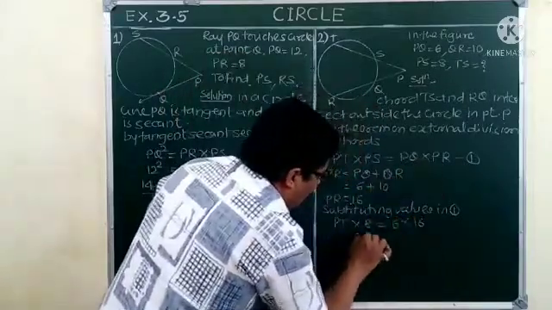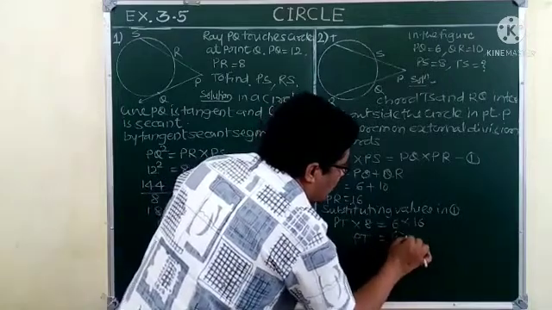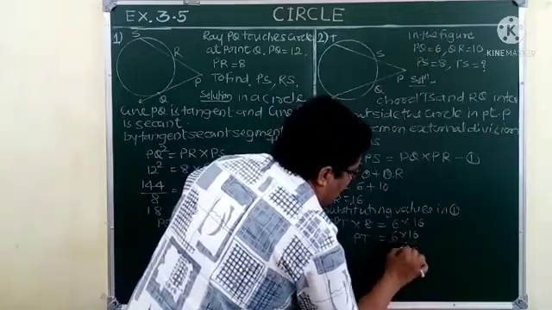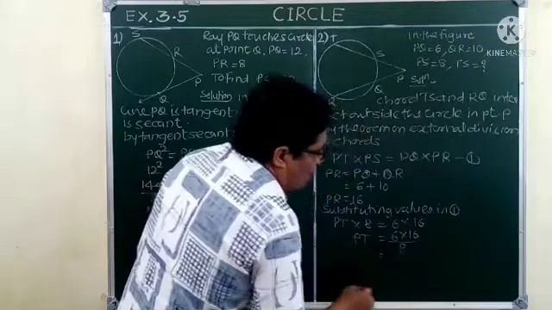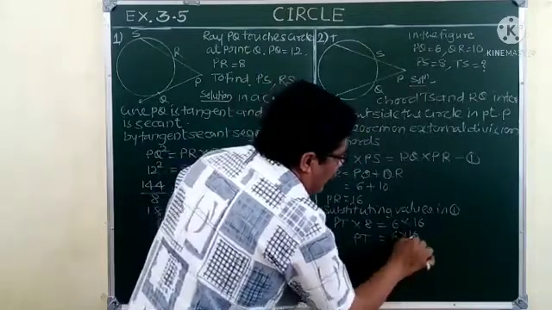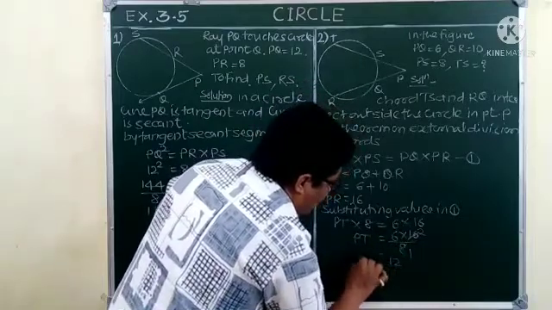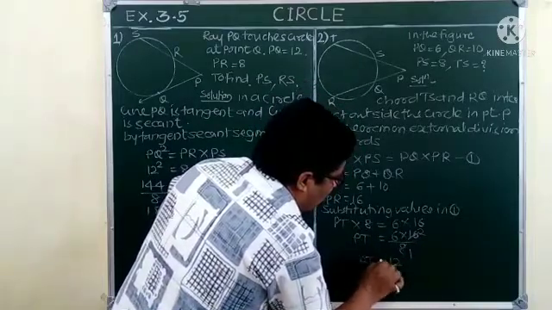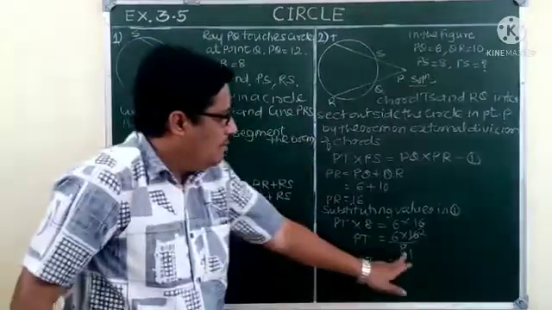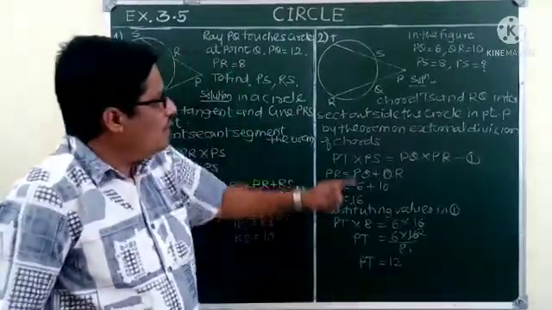So PT is equal to 6 multiplied by 16 divided by 8. So 8 1 the 8, 8 to the 16. So 2 into 6, that is 12. So PT is equal to 12 units.